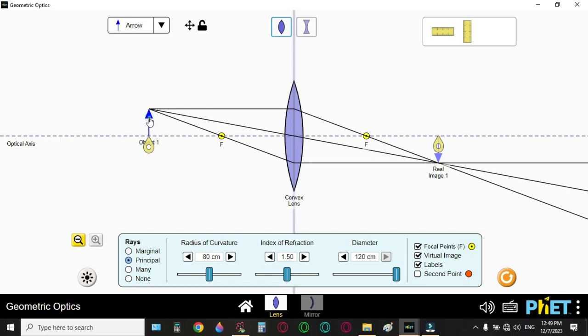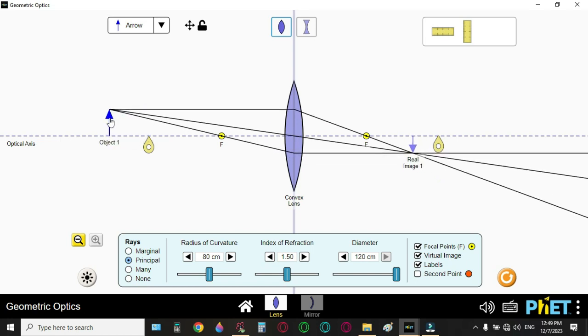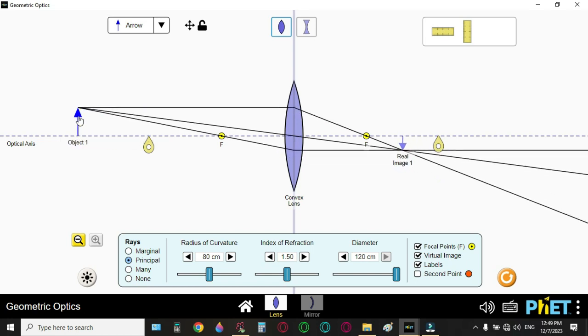Okay, so let's talk about the first case. What is the image formed if the object is beyond the center of curvature? Okay, so again, we are talking here about lenses. So it's beyond the center of curvature. So in this case, the image is formed on the other side of the lens.